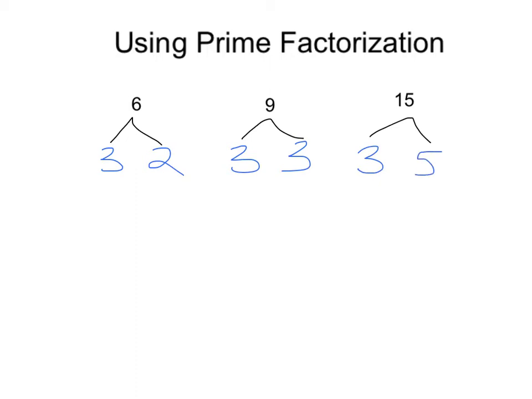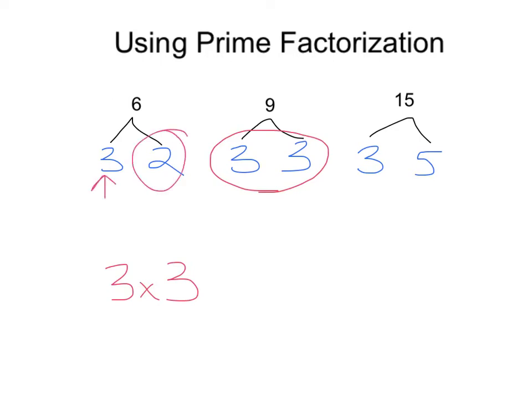Now, the way this works is, the first thing you look at is which one has a prime number happening the most times. What I mean by that is 9 has 3 happening twice. So we take the 3's from there, 3 times 3. Then we look at the other two. We've already used 3, so we don't need any more of those, but the 2 is new, so we bring the 2 down as well.